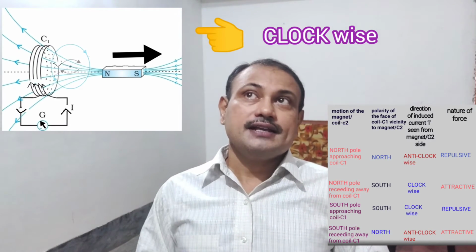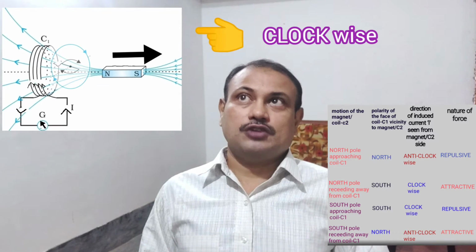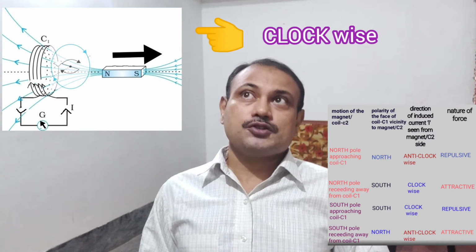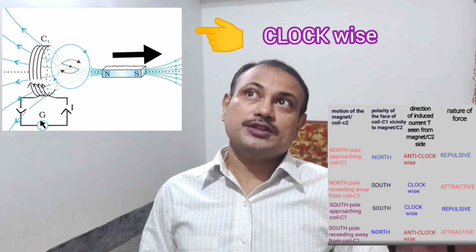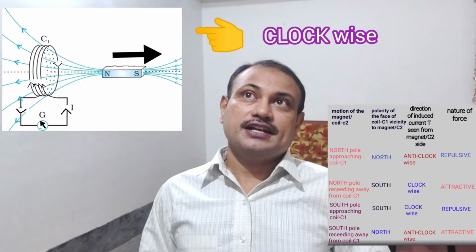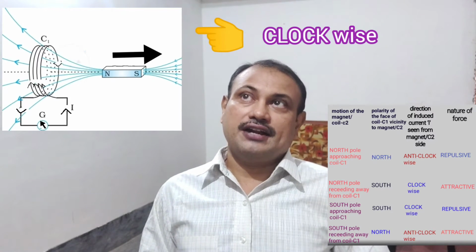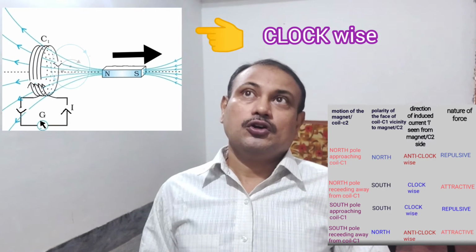So how is it possible? By developing a clockwise current. If you stand on the magnet side and look at the coil, you will see that the current is clockwise, so that you have a south pole in the vicinity of the north pole, as shown in the diagram.